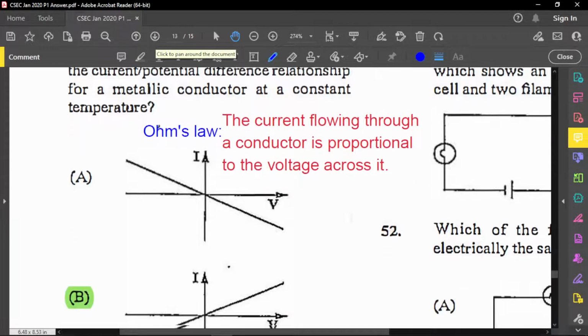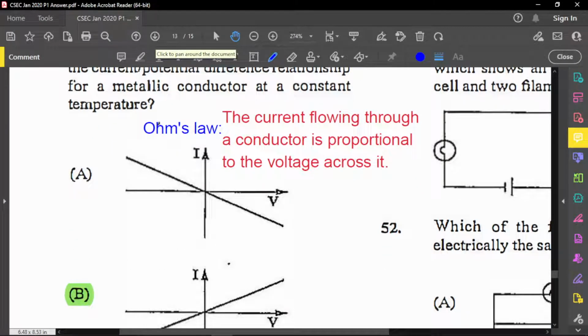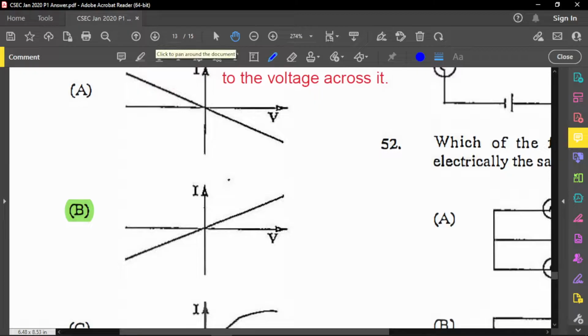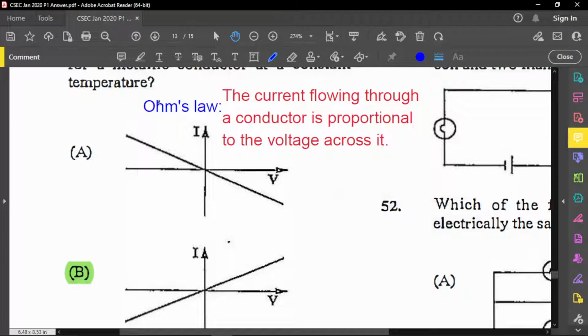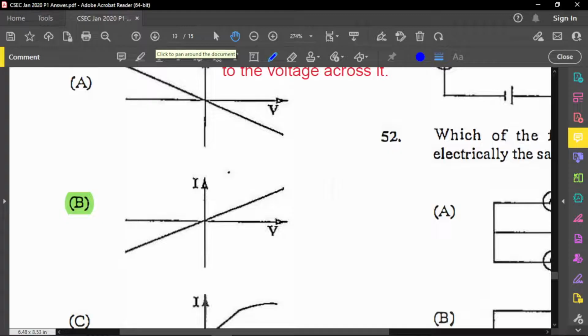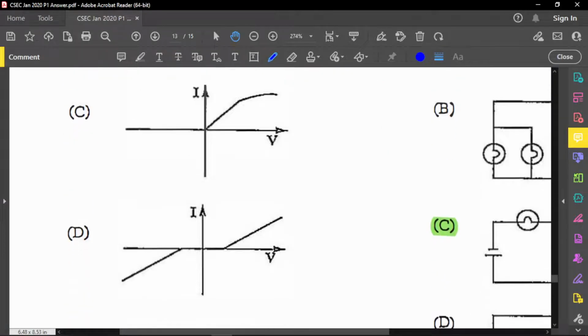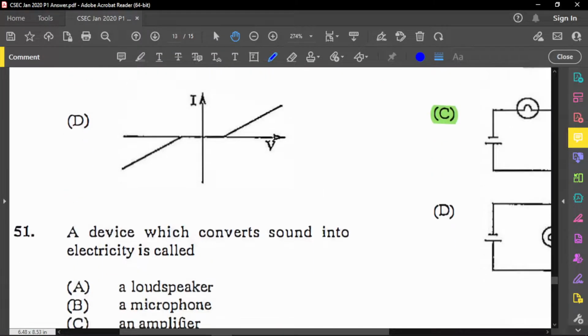If you're looking for proportionality between I and V, the only graph that shows proportionality is B. A can be easily misleading because even though the line comes through the origin, it is really showing an inverse relationship, meaning it's declining. As one increases, the other declines. So it's not correct. Yes, B is the correct option for number 50.